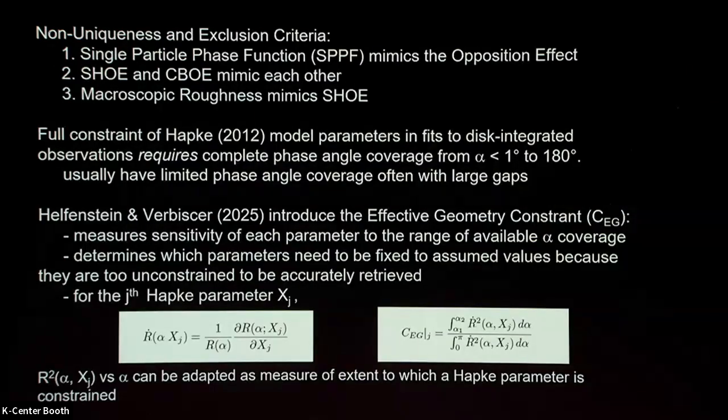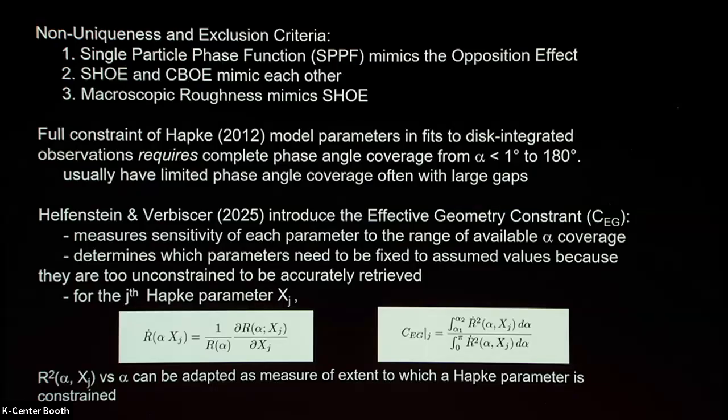So this paper addresses how you fit a phase curve like that. And it develops exclusion criteria to address the non-uniqueness portions. The single particle phase function can mimic the opposition effect. The two opposition effects, the shadow hiding and the coherent backscatter, can mimic each other.